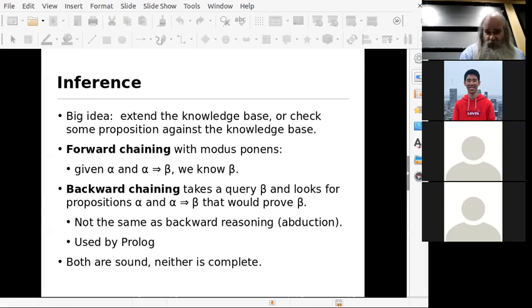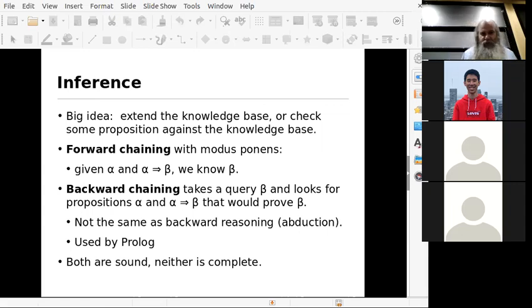Backward chaining is to take a query beta, and look for propositions like alpha and alpha implies beta that would prove beta. So if you ask the question, is beta true, in some first order predicate logic, and it's not in your database directly, but there's something that says alpha implies beta, you then go, oh, right, so if I can prove alpha, I will know that beta is actually true.